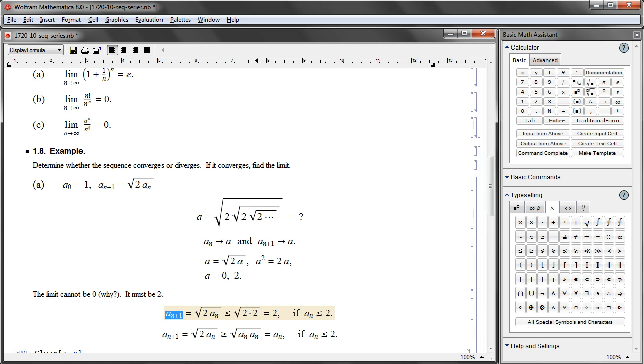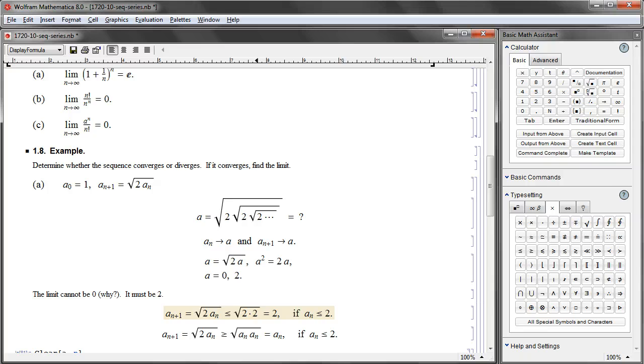So a3 will be less than 2 and it goes on forever. So from this inequality and the very first term, we can conclude that this is a bounded sequence. All the a_n's, a1, a2, a3, and so on, are all less than or equal to 2.